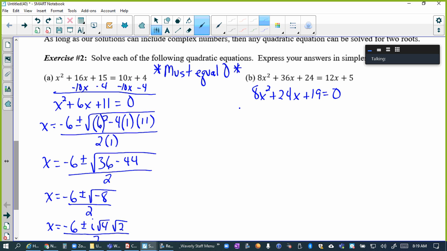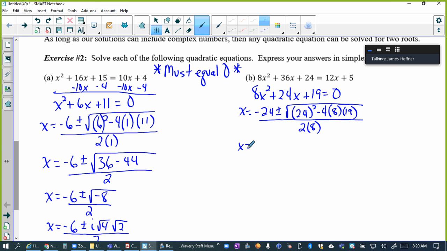So we're going to do x equals negative b plus or minus the square root of b squared minus 4ac. If I make a mistake, somebody stop me. All over 2a, right?